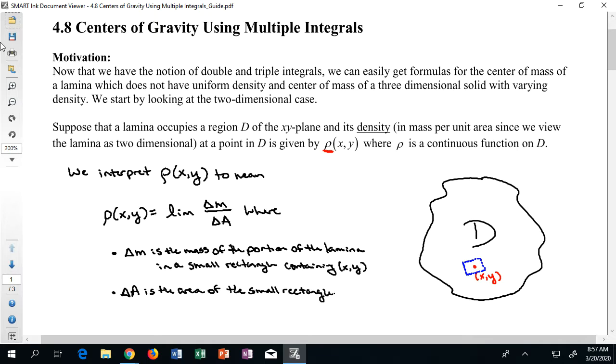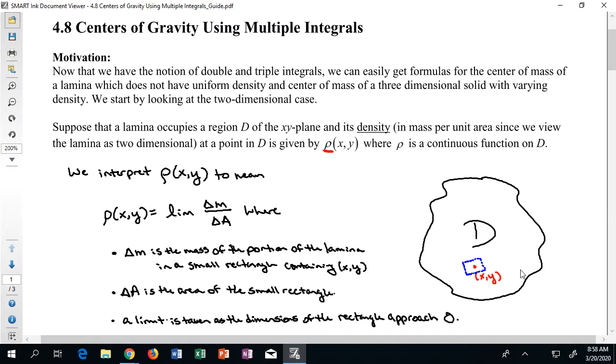And so what I'm interested in is, according to this limit, what is the mass when I divide by the area? That should get me my density. But of course, I want to do a limit of this. So I want a limit taken as the dimensions of the rectangle approach 0.